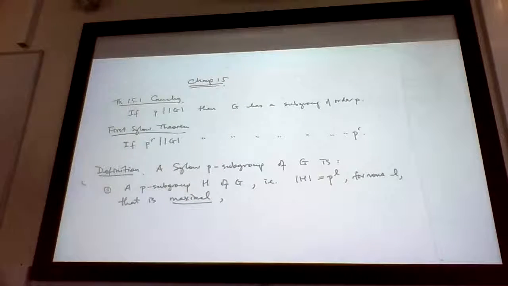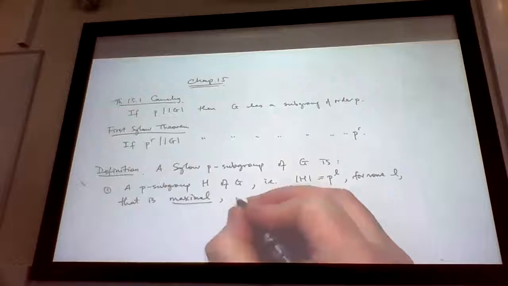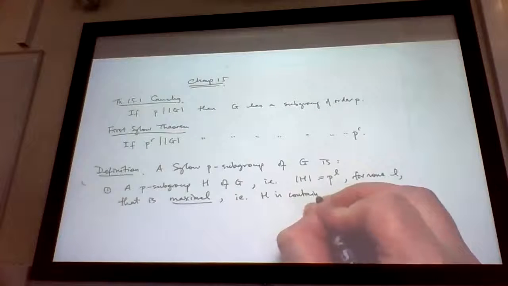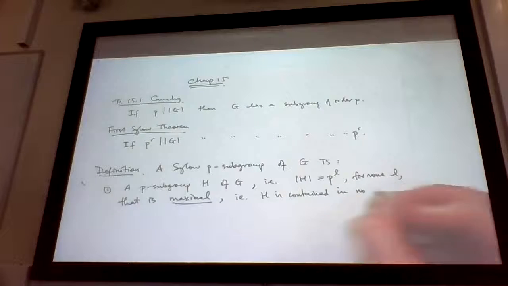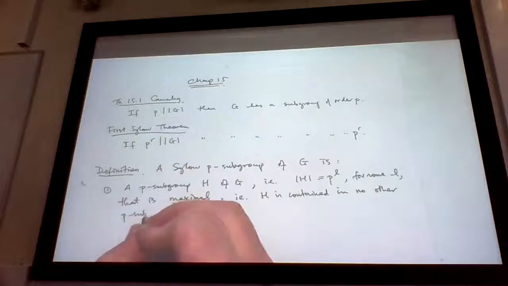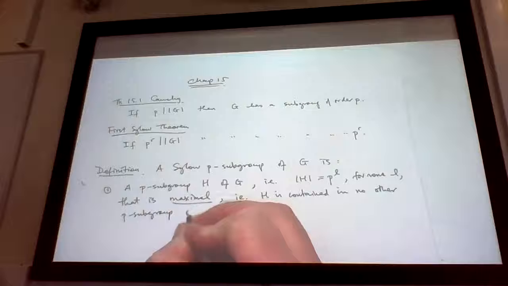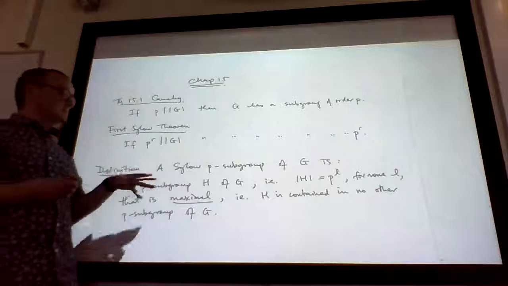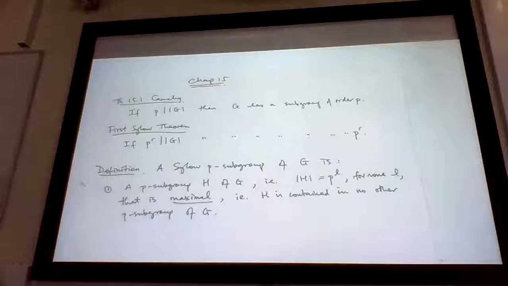It means biggest in the sense of set inclusion, i.e., H is itself contained in no other P subgroup of G. So according to this version of the definition, a Sylow P subgroup is the biggest P subgroup we can find, in the sense that it is contained in no other such P subgroup.